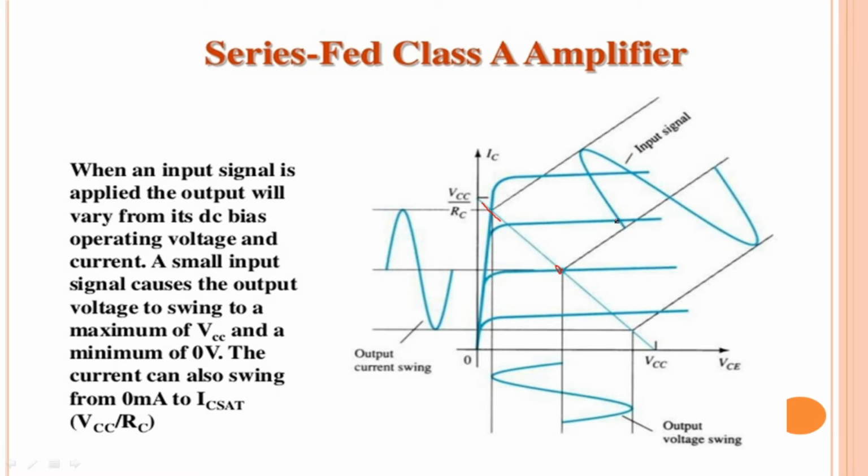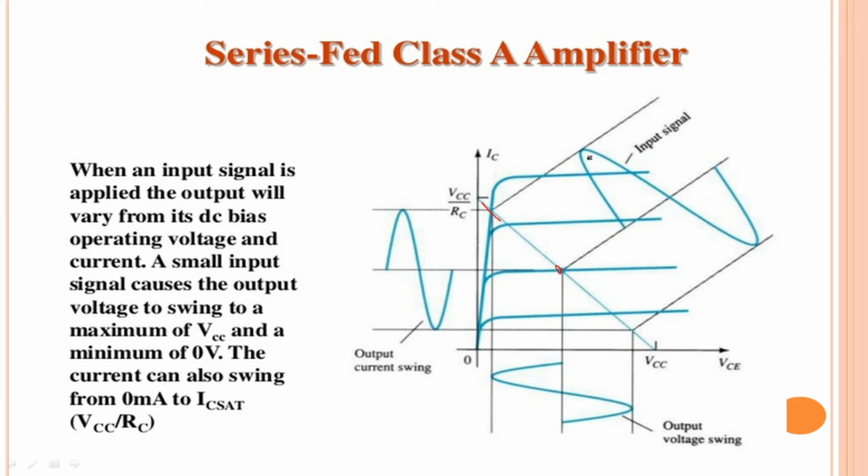Now this is the input AC signal which we apply to the input side. Since the Q point is in the middle of the DC load line, our transistor will always conduct in the active region. It will never enter the saturation region or the cutoff region.